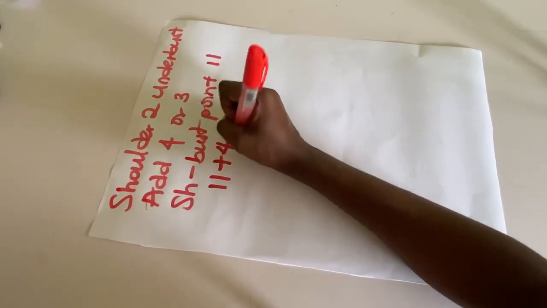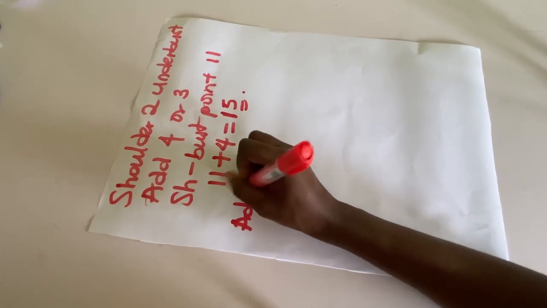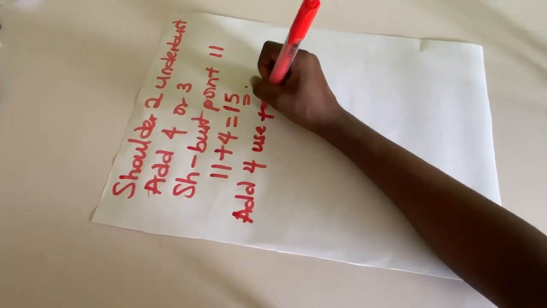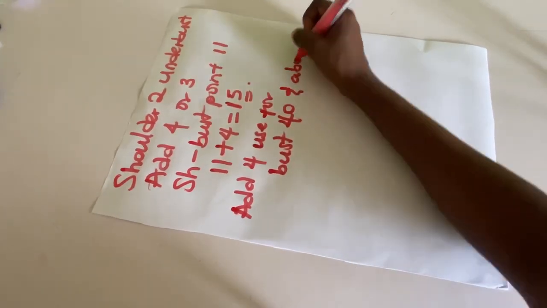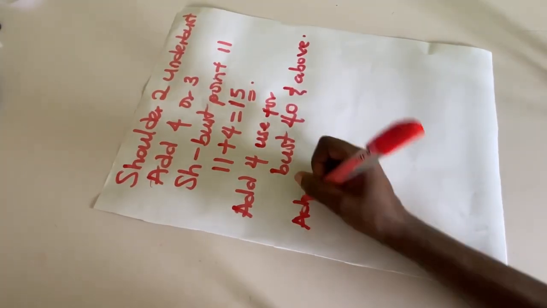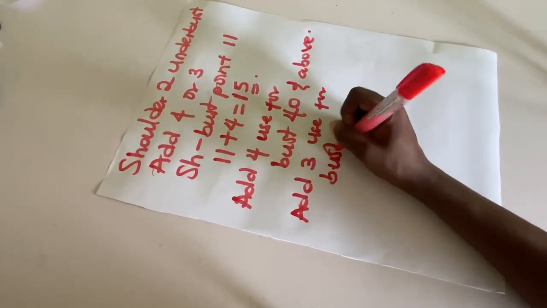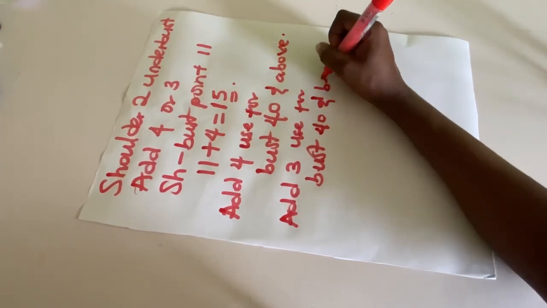So 11 plus 4 is going to give you 15. So you are going to add 4 for bust 40 and above. You are going to add 3 for bust 40 and below.